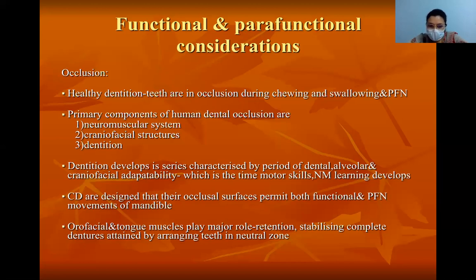The dentition develops in a series of characteristic stages, a period of dental, alveolar, and craniofacial adaptability, which is the time when motor skills and neuromuscular learning develop. Complete dentures are designed so that their occlusal surfaces permit both functional and parafunctional movement of the mandible.